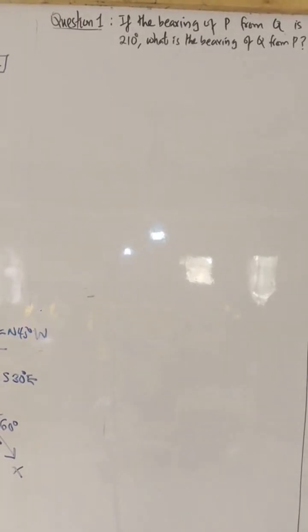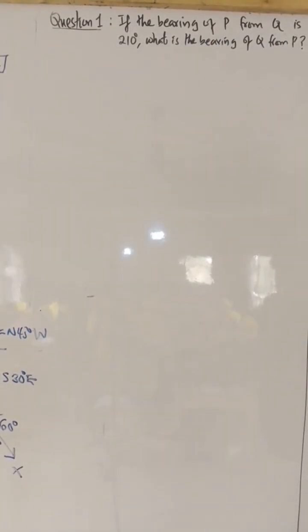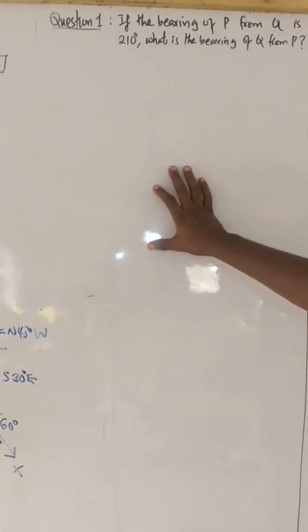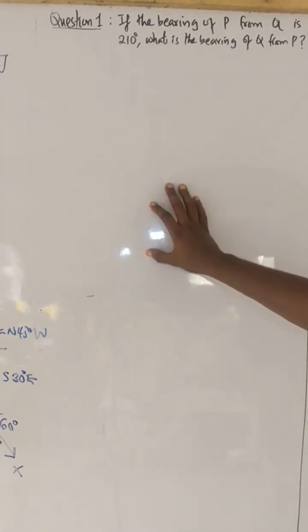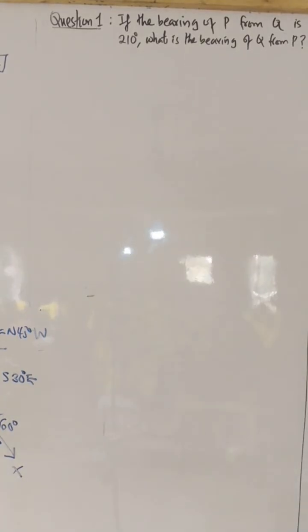Let's consider this question. If the bearing of P from Q is 210 degrees, what is the bearing of Q from P? Now, I want you to note this. In every question on bearing and distance, you have to know the origin, where you are starting from, your start point. And how do you know your start point? Look for the word from.